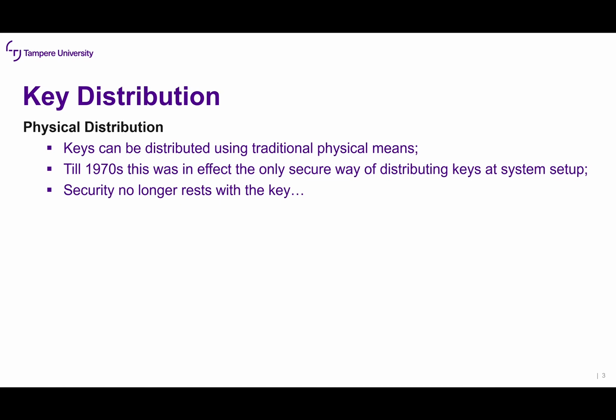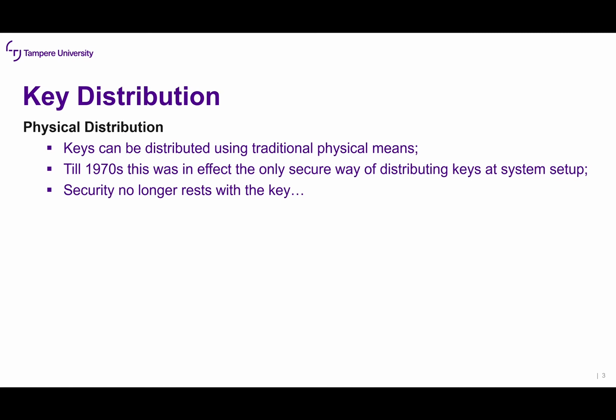It has a large number of physical problems associated with it, as you can understand, I guess, especially scalability, but the main drawback is that the security of the overall mechanism no longer rests with the key, but with the actual courier, with the guy that is distributing the key, right? So imagine that if you could, for example, bribe the courier, then you immediately break the system, right?